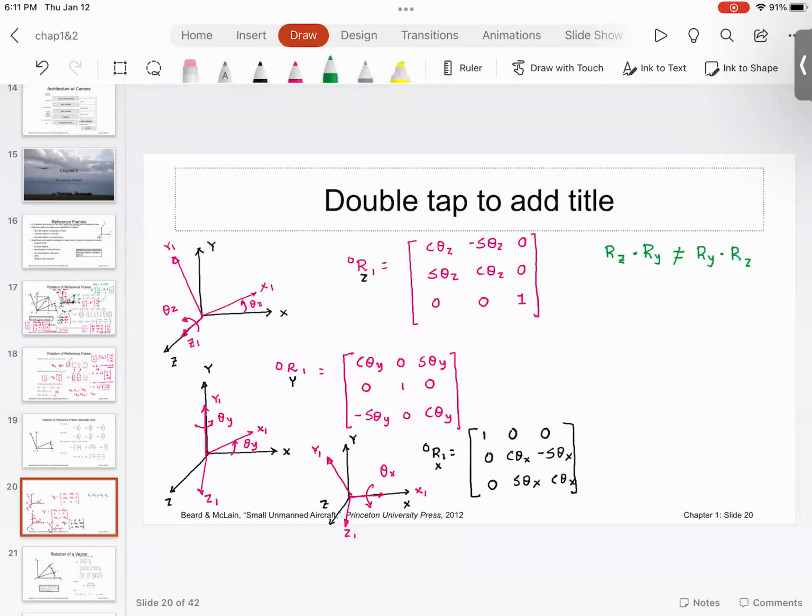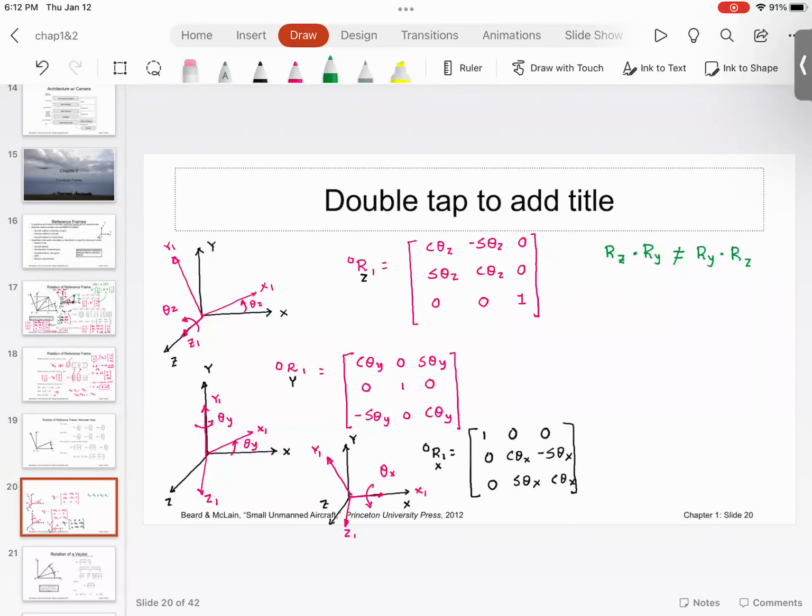That means in general, the matrix RZ multiplied by RY will not be equal to RY multiplied by RZ. Everyone understood this? However, when the rotations are teeny tiny, when the rotations are very, very small, the product on the left-hand side equals the product on the right-hand side.